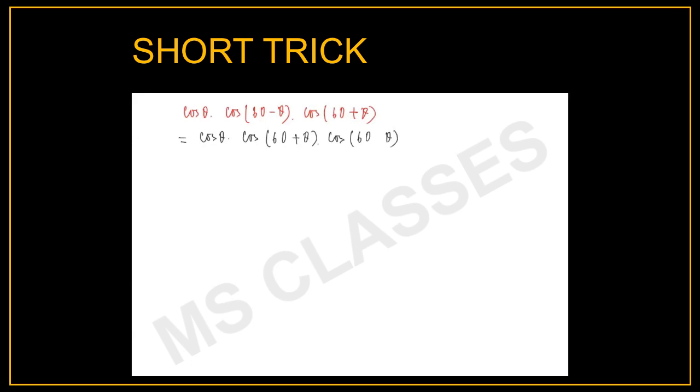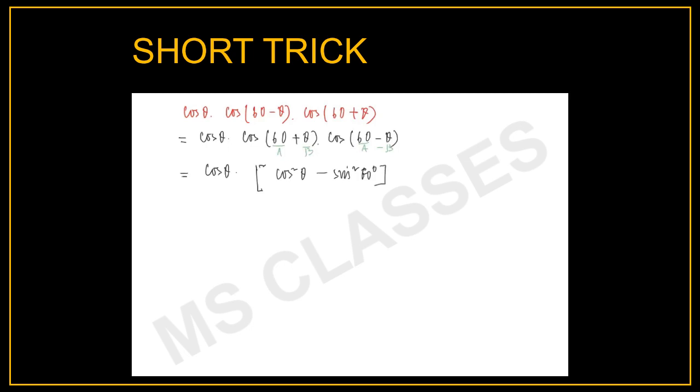Now here we have A plus B into A minus B. Now this we can write as cos theta into cos A plus B into cos A minus B, that is cos square B minus sine square A.